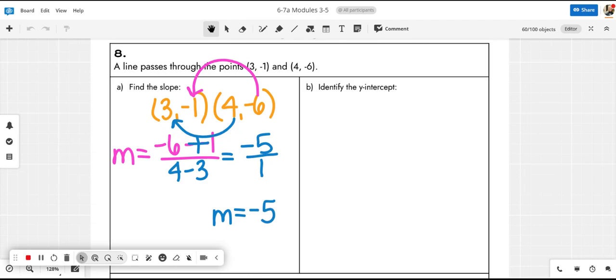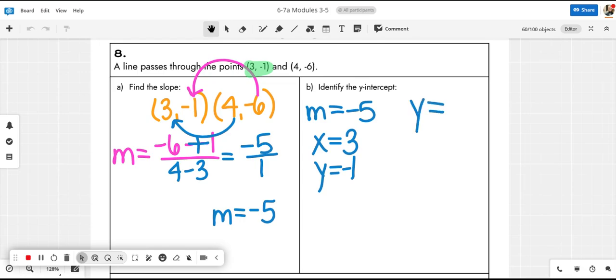All right, so I'm going to bring my m I just solved for. And then I need an x and a y value. It doesn't matter which set of coordinates you choose. I'm just going to choose to use this first set right here. So my x value is 3. My y value is negative 1. Okay, in the equation, y equals mx plus b.